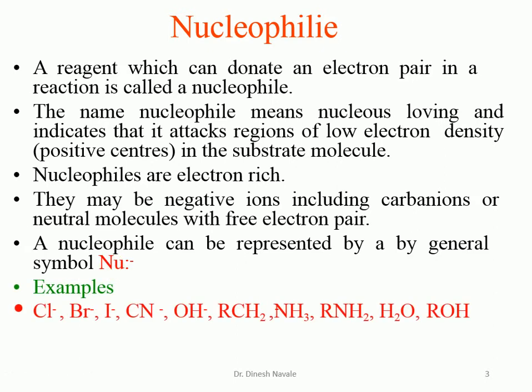Some examples of nucleophiles are chloride, bromide, iodide, nitrile, hydroxide, RCH2 minus carbanion, ammonia, primary amine, water, and alcohol. So nucleophiles can be negatively charged species like chloride, bromide, iodide, nitrile and hydroxide, as well as neutral molecules containing a lone pair of electrons, like ammonia, primary amine, water and alcohol.